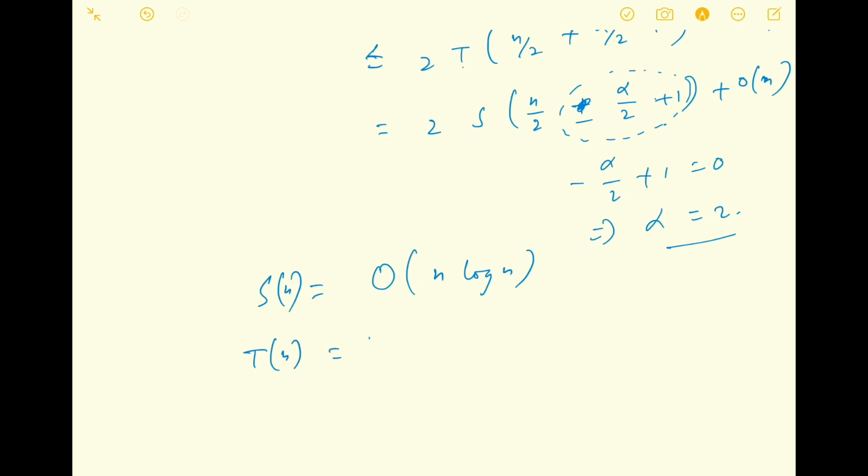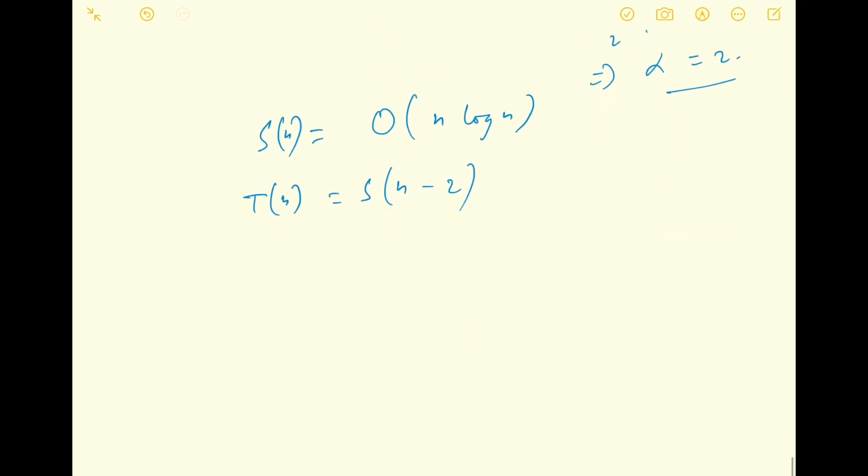If you go from S to T, you subtract alpha, and alpha is 2. So this is big O of (n minus 2) log of (n minus 2), which is big O of n log n.